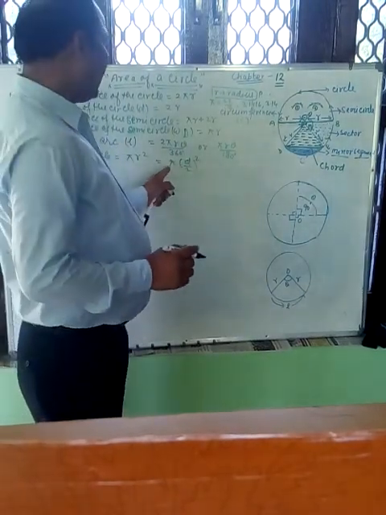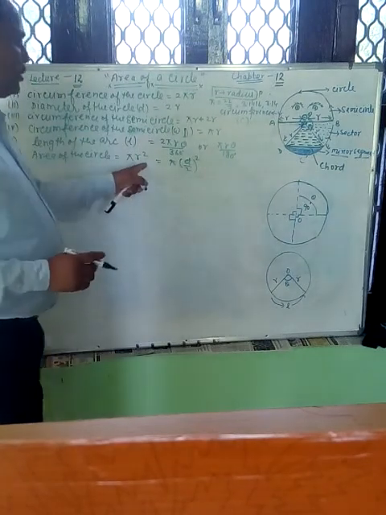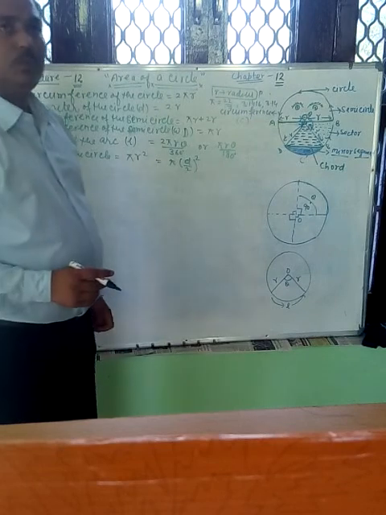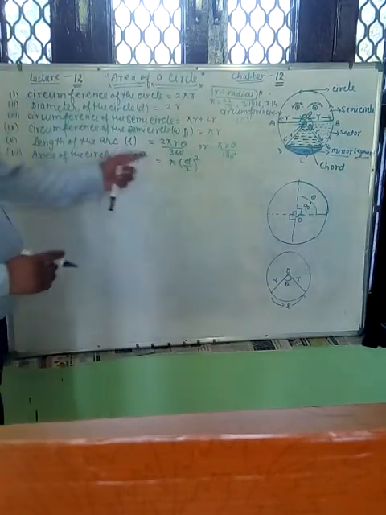It means area of the circle is pi r square, or pi d upon 2 to the whole power 2. This is the area of the circle.